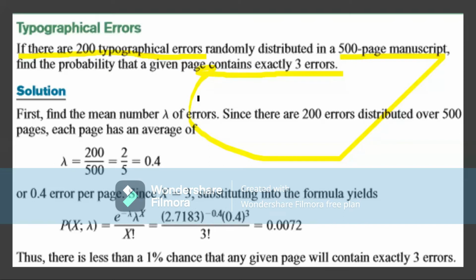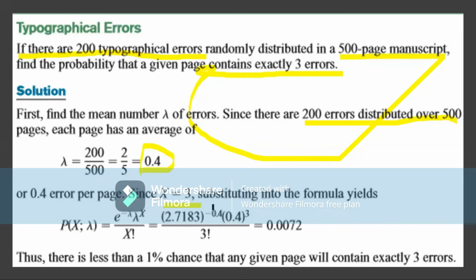Because in the formula you just need the average of the values. So first you need to find the mean number, or lambda, of errors, and there are 200 errors distributed over 500 pages. So simply on average each page will contain 0.4 errors.